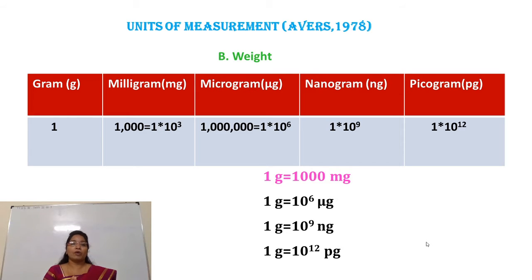In this way, for the measurement of length, 1 meter has to be divided into millimeter, micrometer, nanometer, etc. And for measurement of weight, 1 gram has to be divided into milligram, microgram, nanogram and picogram. So in this way we can measure the length and weight of a particular cell.